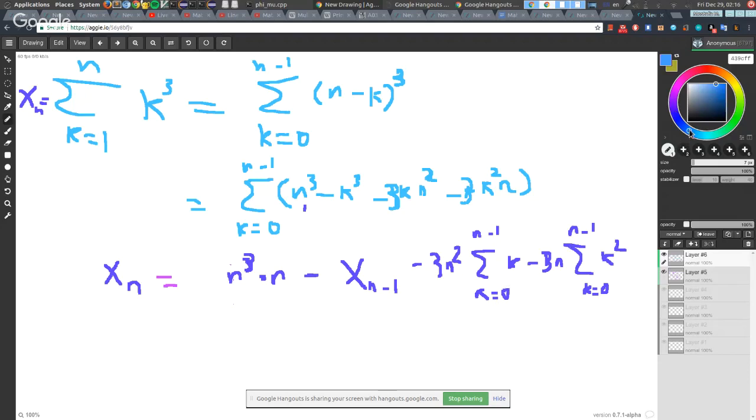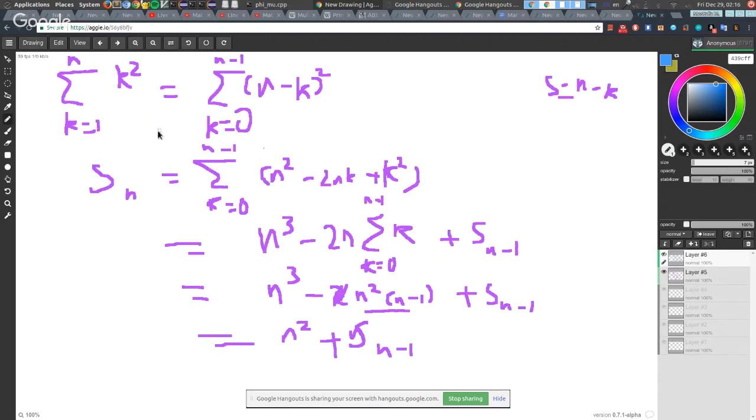So actually this is how we solve the case we wanted to solve earlier. It's coming from, so this part we call it Sn.